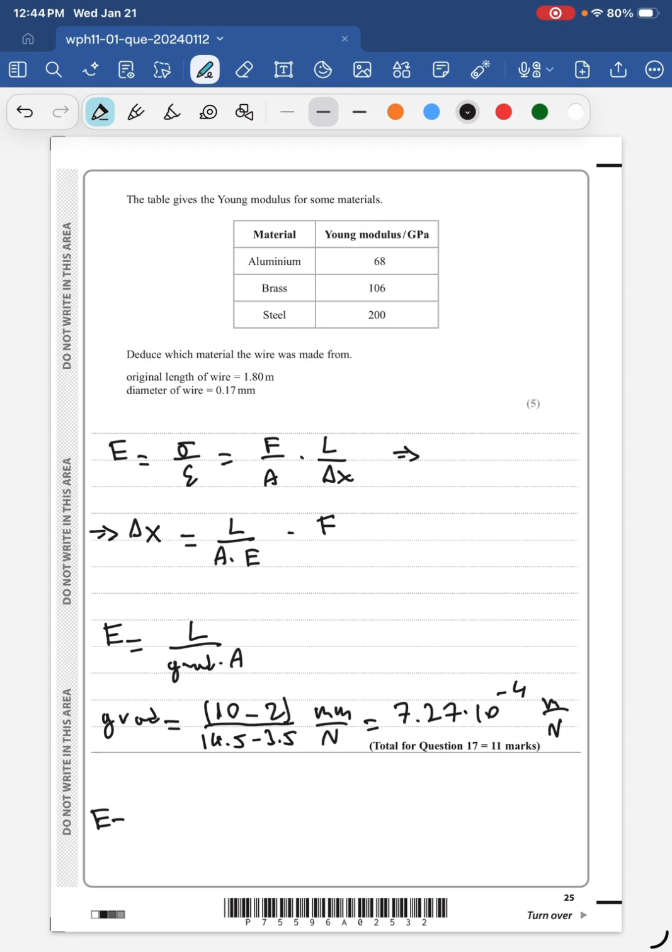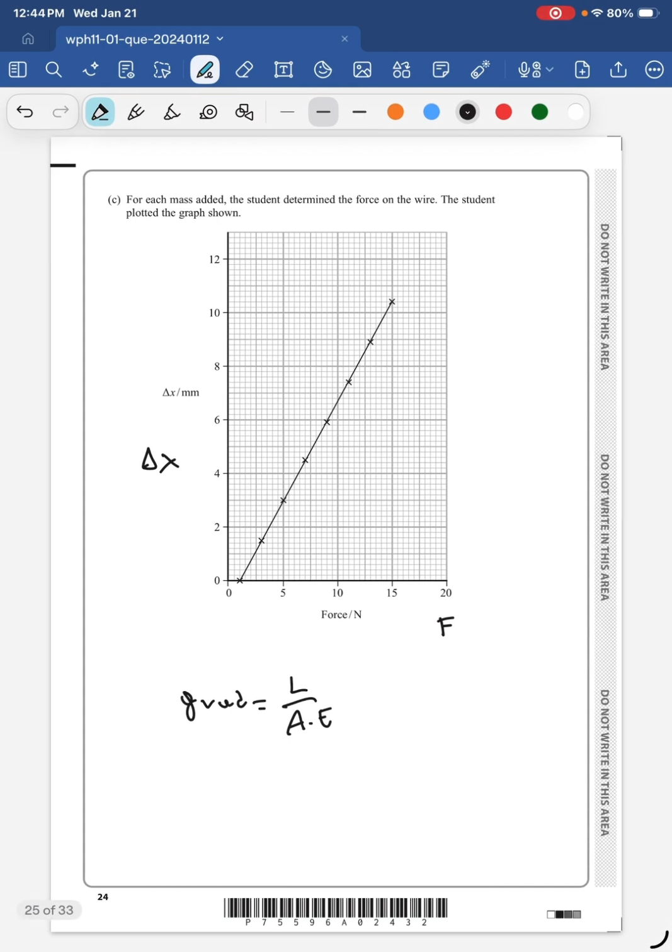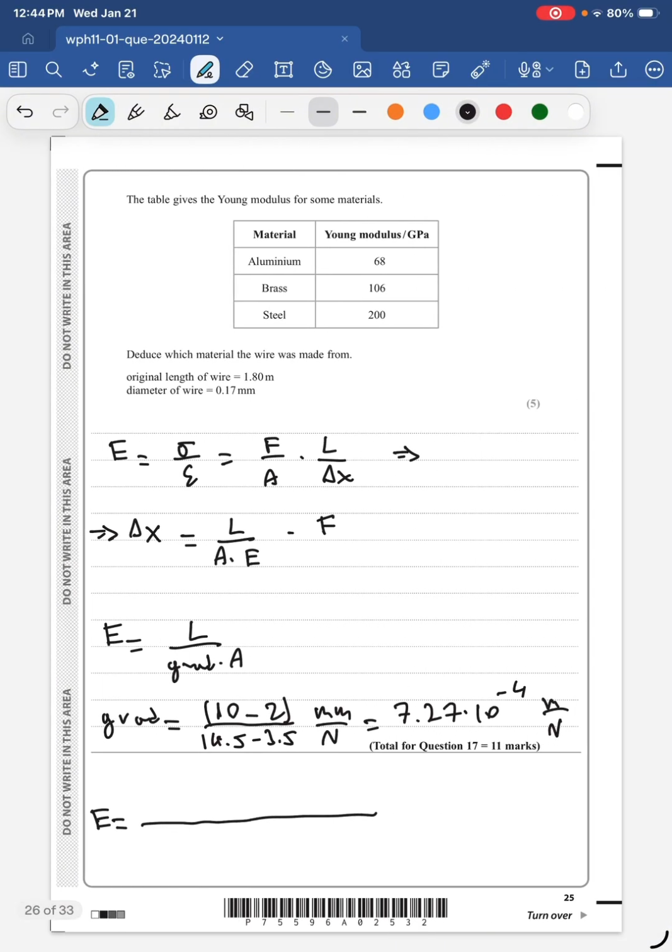Okay, so the Young's modulus then is going to be, let me show you. I took this point and this point. At this point the force was about 14.5. And at that extension the force was, what did I write there? 3.5. Okay, so this is what I did.